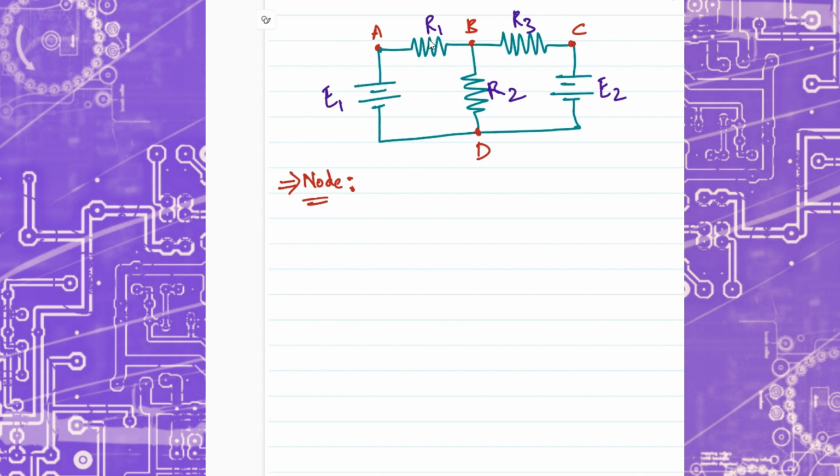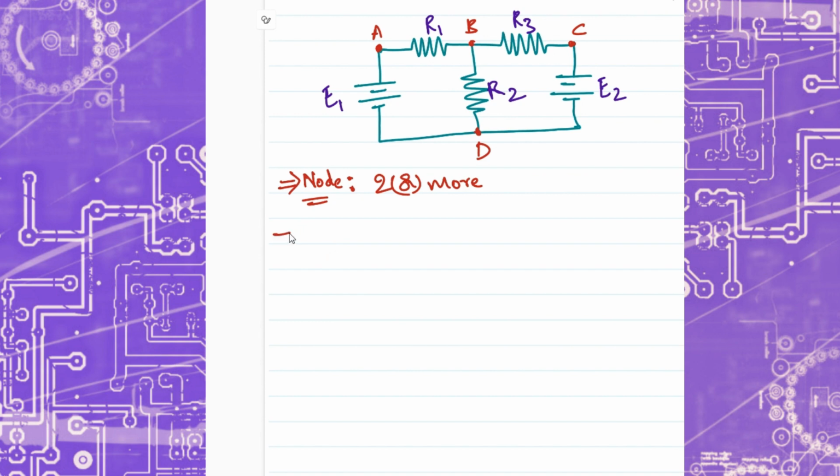Now we have the circuit drawn, and we'll use this circuit for the explanation of the other terms. As I was saying, a node is nothing but a point or connection point, or equipotential surface, where two or more circuit elements are joined together. It is an equipotential surface.